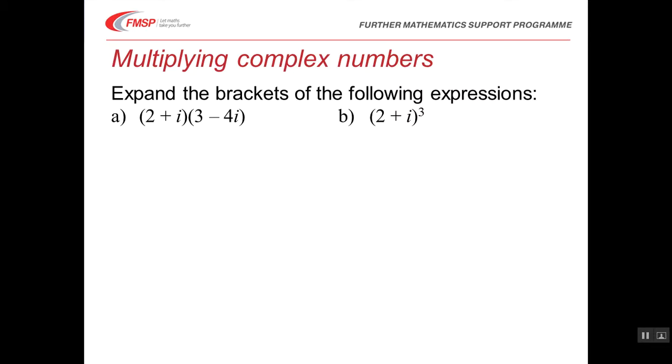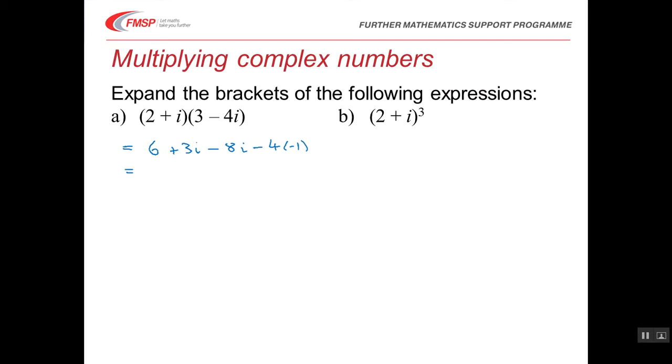So multiplying complex numbers together, we're going to expand the brackets of the following expressions. So here we've got 2 3s are 6, 3 times i is 3i, 2 times minus 4i is minus 8i, and i times minus 4i is minus 4 times i squared, which is minus 1.